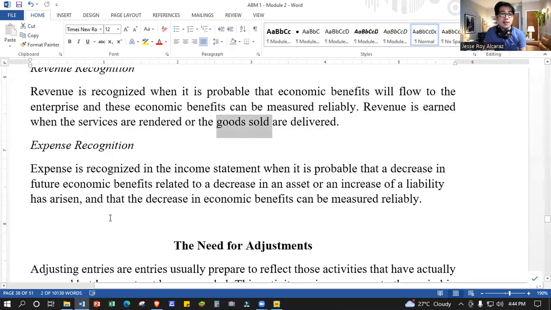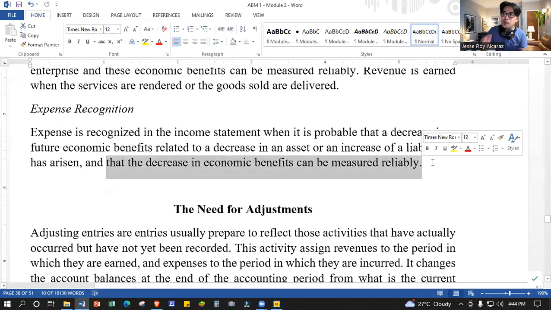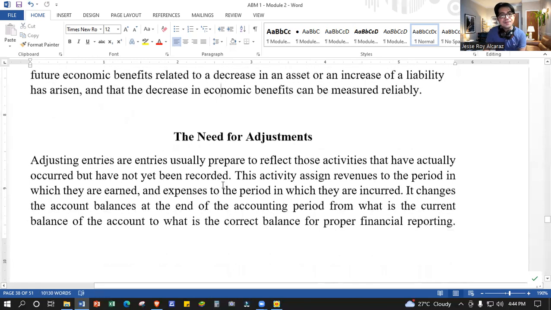What about for expense? We record expense when there is a decrease in economic benefit. For example, we bought supplies and then we used them. We bought raw materials, we bought vegetables and cooked them for our restaurant. So our goods were used up. That's the process of incurring expense.